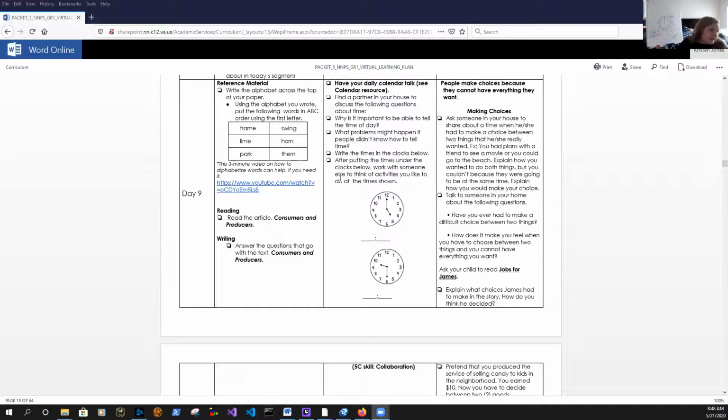Then it says, work with someone else to think of activities you like to do at the time shown. So once you've figured out what time this is, think about what you like to do during that time during the day. Next time you have to figure out is right here.